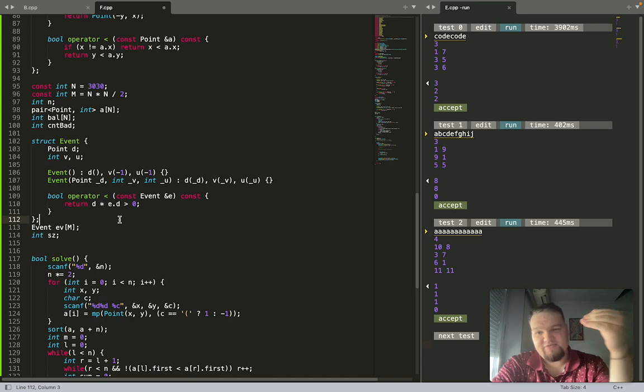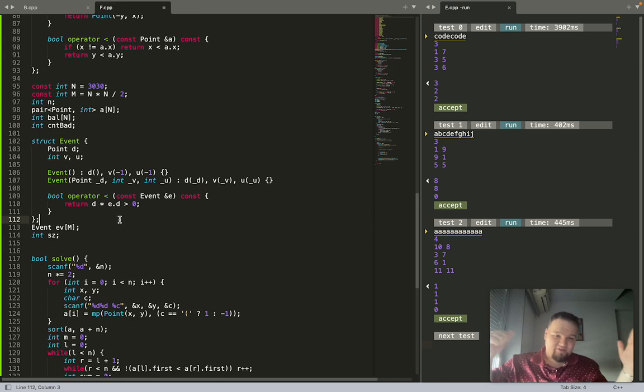So for every point, I will store the current position in the order. So basically I'm storing the order of IDs and the inverse permutation for every ID, where it is in the order.